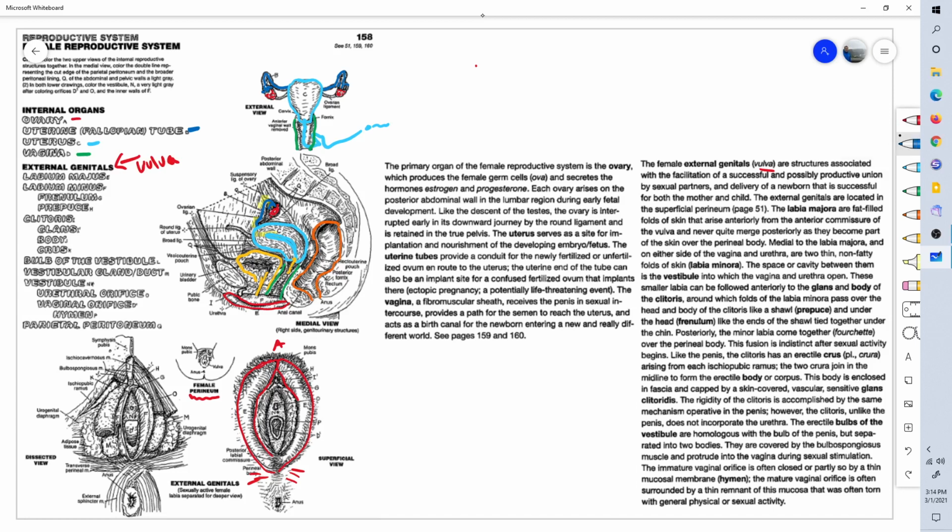Next is the labia minora, labium minus. Minor means smaller, so the smaller lip, and that's inside here, the minora. Now this one is not fatty filled, like the majora, and you can see, in sense of the word, it is smaller than the labia majora.